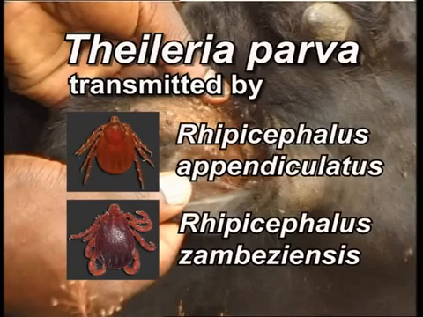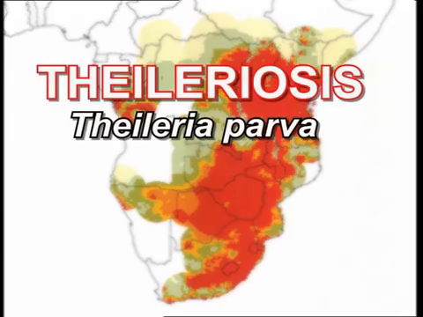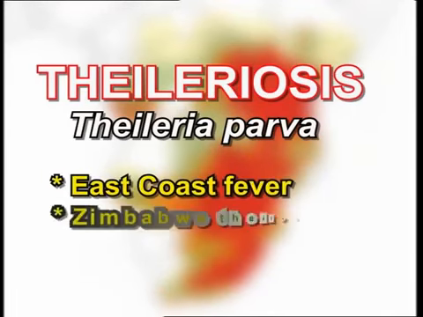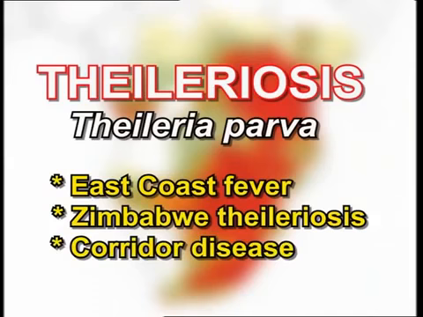Based on certain observed differences in different countries, 3 forms of the disease are usually recognized: East Coast fever, Zimbabwe theileriosis, or January disease, and corridor disease, or buffalo disease.